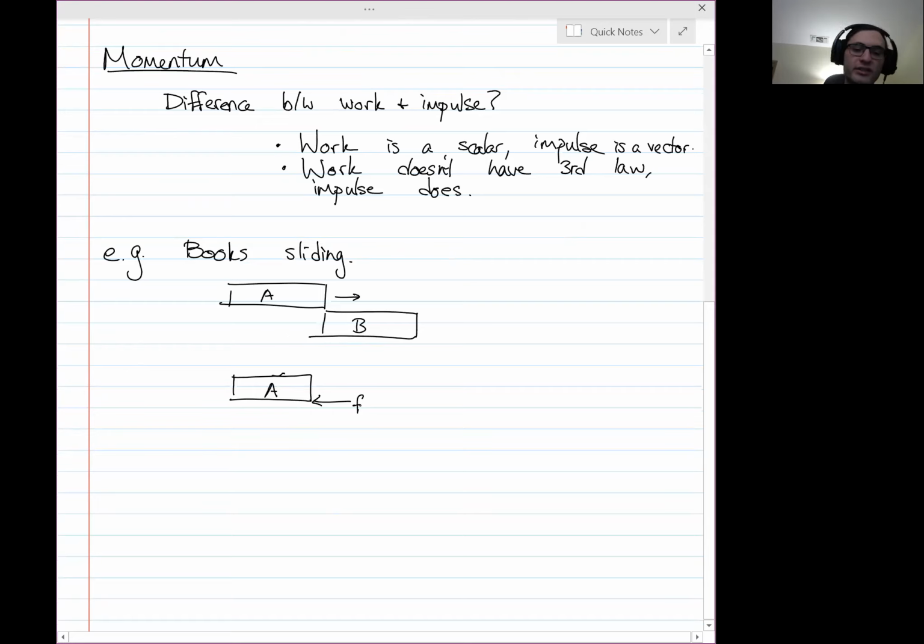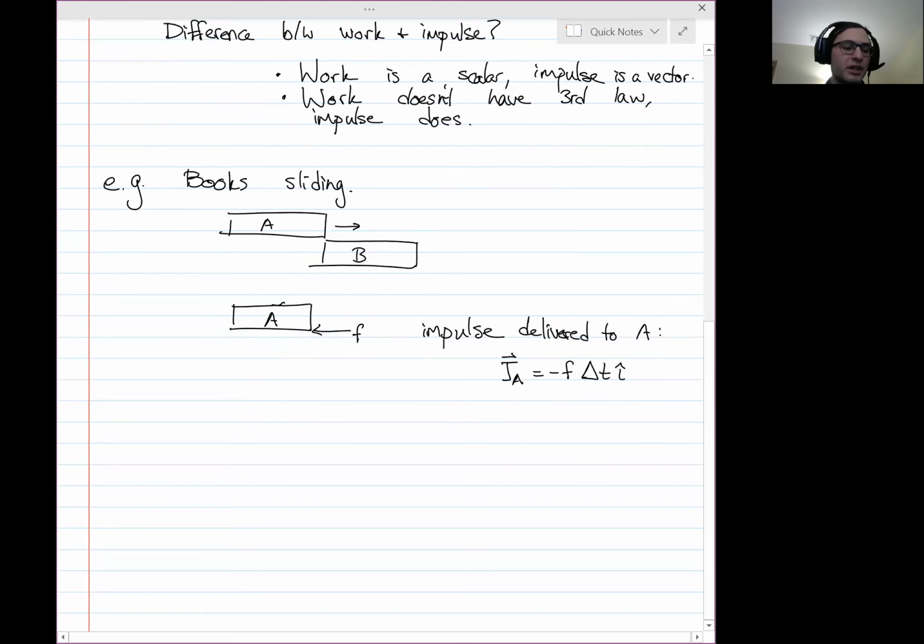There's also going to be gravity and a normal force, but we're going to ignore that for now. We're just looking at the frictional force. The impulse delivered to A can be easily computed. It's just the force, which is negative F in the i direction, times the duration of contact. So the impulse, JA, is negative F delta T in the i hat direction. This is schematic for now, but it'll get more clear in a minute.